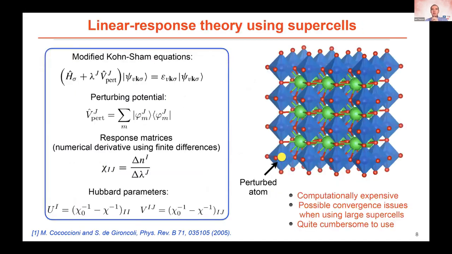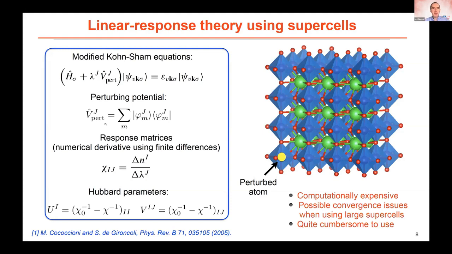Okay, now how to use it in practice. This is summarized in this slide, in the figure on the left. So we need to solve the modified Kohn-Sham equations written at the top of this slide, where H is our Hamiltonian. Then we are adding the extra term, which is lambda and the perturbing potential.